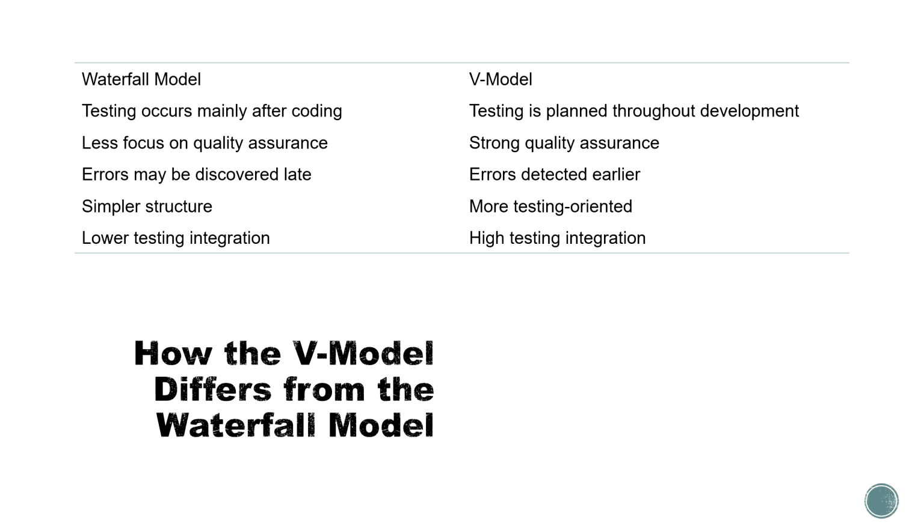While in waterfall, problems may be discovered very late because even the planning of the testing is started after the closing of the development phase. In the V model, many issues are identified earlier because जैसे मैंने कहा testing preparation starts alongside the development activities.